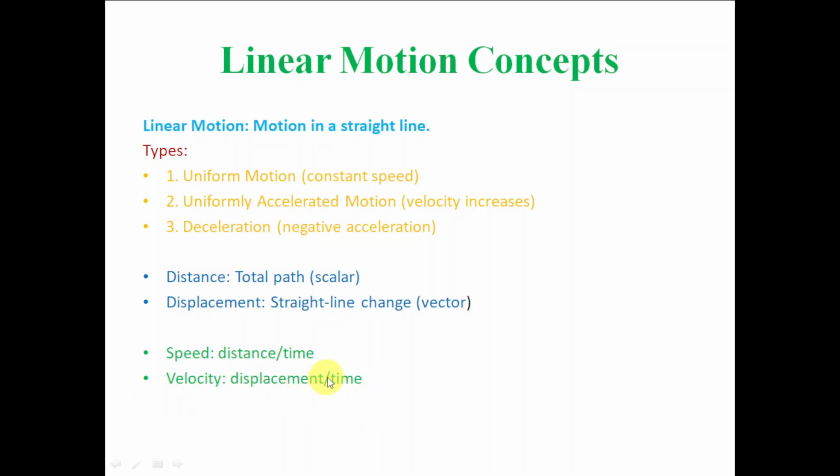It has direction. A change in direction of motion could bring a change in velocity. So speed is a scalar quantity, using distance over time, but velocity is displacement over time.